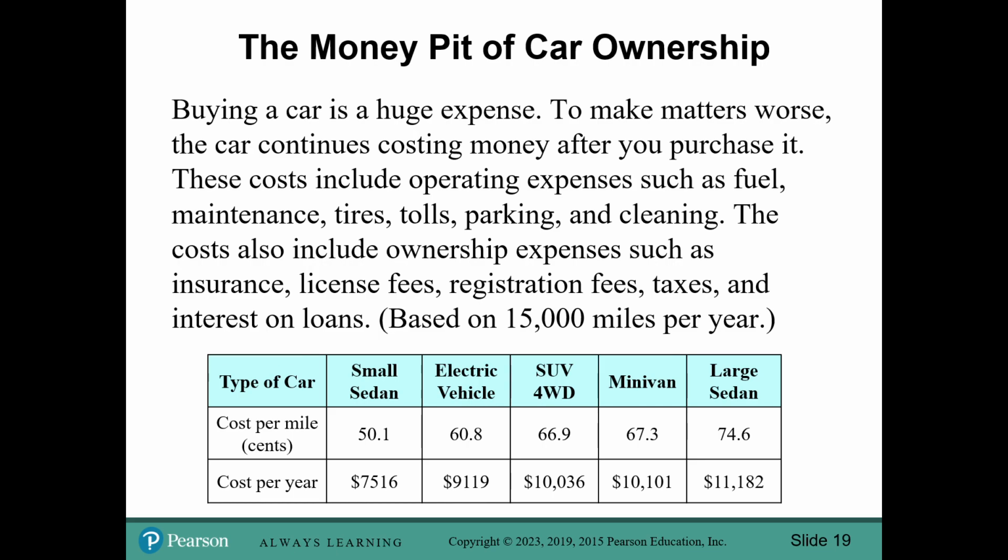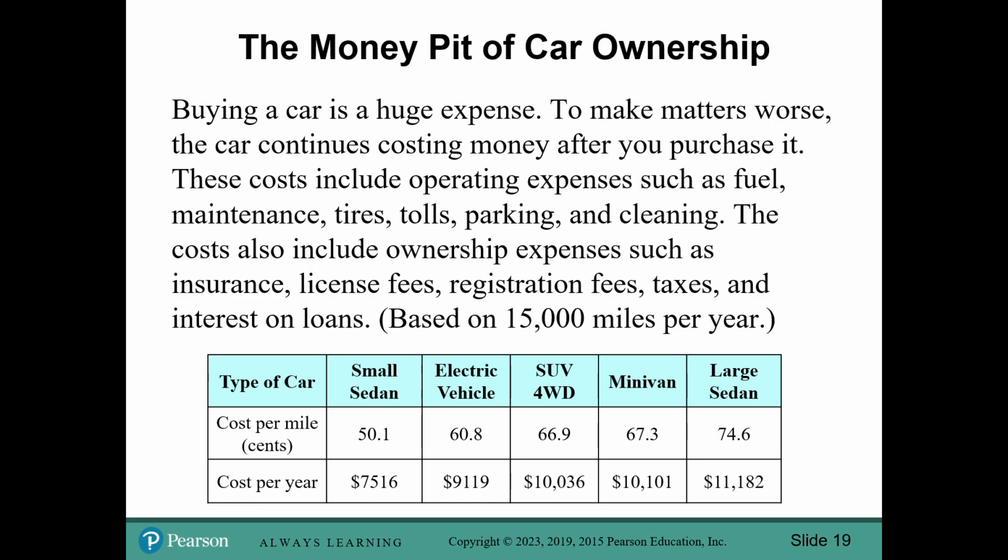Now, this is just a very basic table, only based on 15,000 miles per year, and it's very broad. It's not talking about a specific brand, but is a very general statement just to show you the difference in the types of vehicles on a general level.